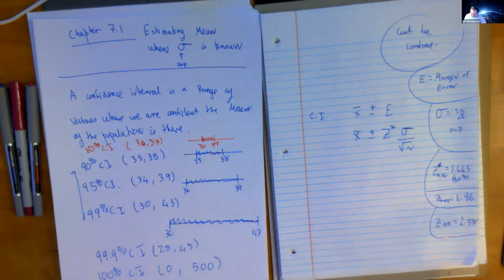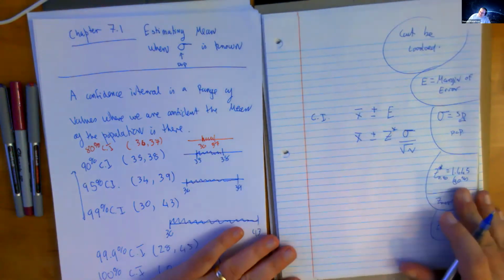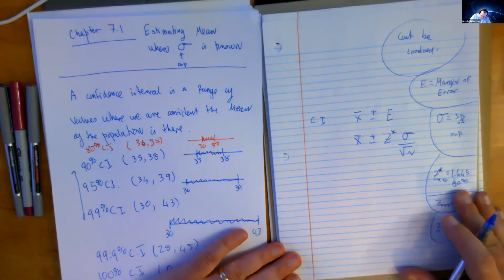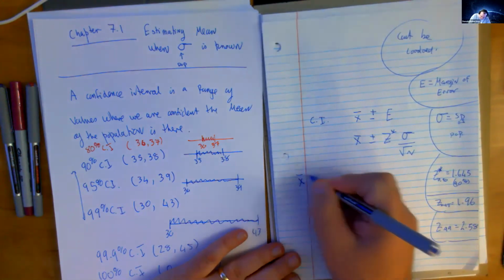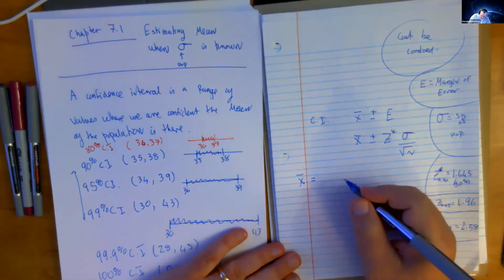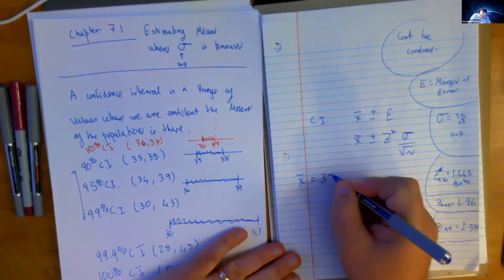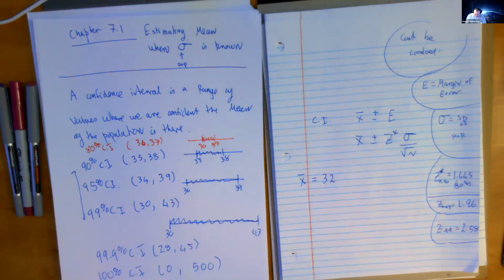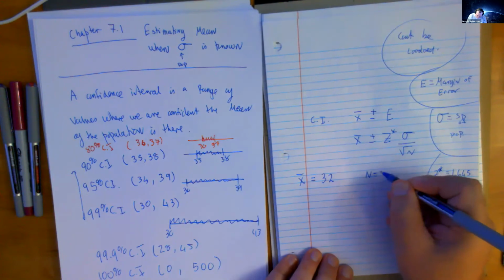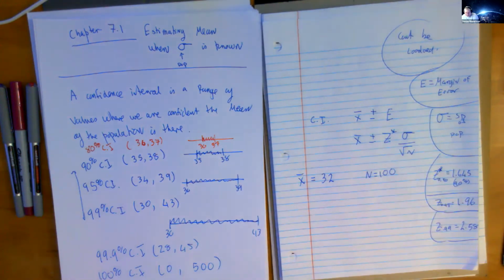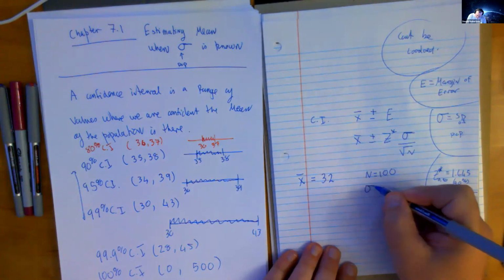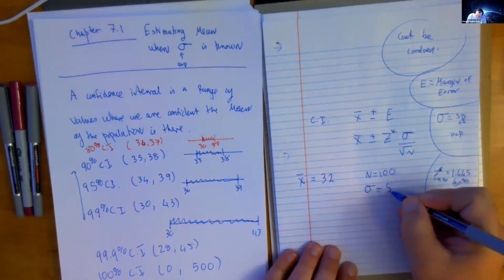Okay. Right. So let's pretend for a minute that I collected the average age and it ended up being 32. And I did this with a sample of 100 people. And let's suppose that in this question, sigma is known, and it's known to be 5.